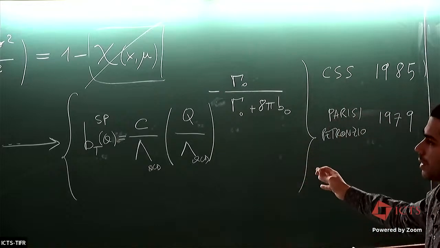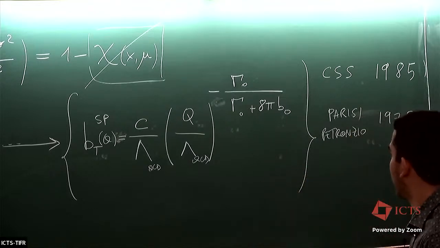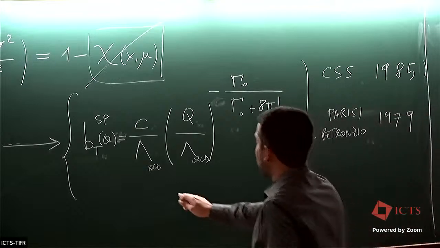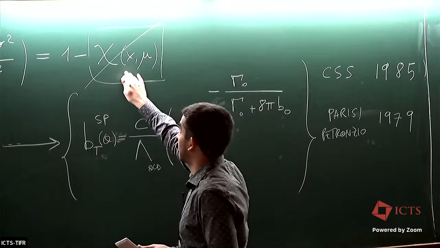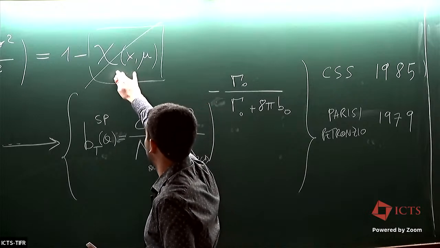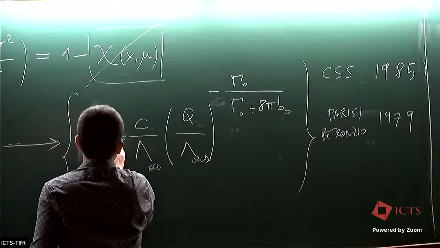You can derive this equation using the saddle point approximation for the TMD. So this is a slightly different derivation, but you get the same result. So b_T saddle point has a Q dependence, but we neglected the capital X. In principle, if you consider the X as well, you can also have an X dependence of your saddle point.